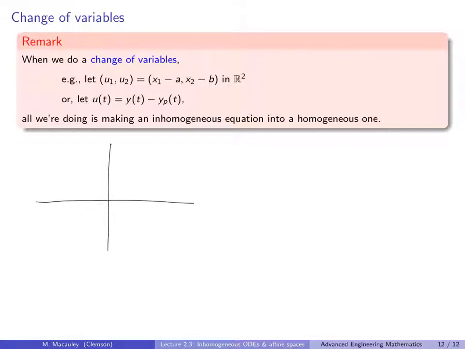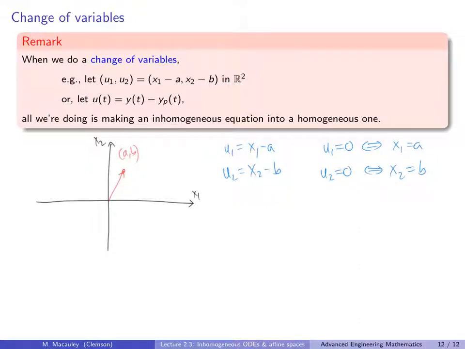In the first case, suppose we have R2, so x1 and x2, and let's take a vector, let's call it a, b. So when we change variables, we're letting u1 equal x1 minus a, and u2 equals x2 minus b. So notice that u1 is going to equal 0 if and only if x1 equals a, and u2 is 0 if and only if x2 equals b. So what we're doing, in essence, is we are defining a new coordinate system.